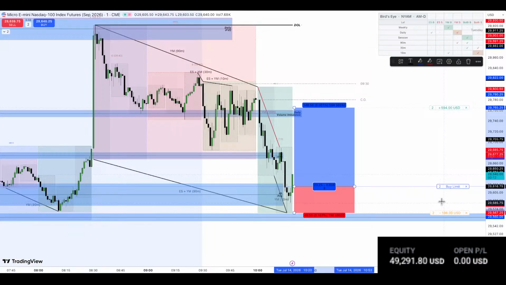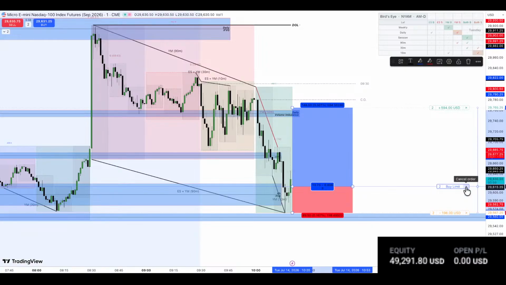This is way bigger than my usual risk, but I'm gonna take it. There you go. That's the displacement I was looking for.